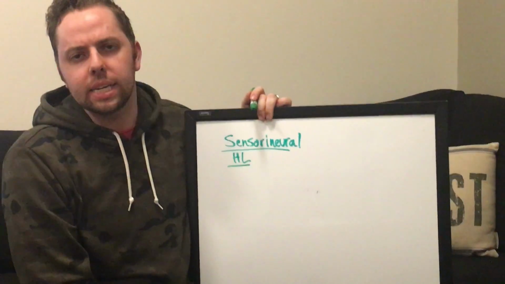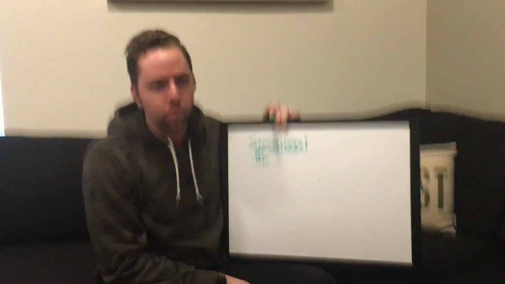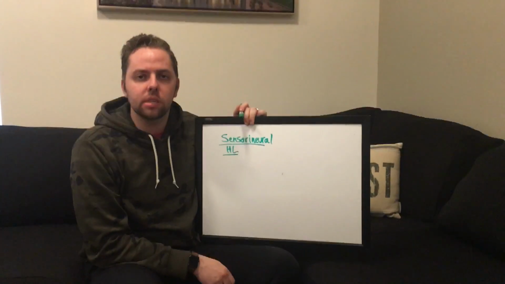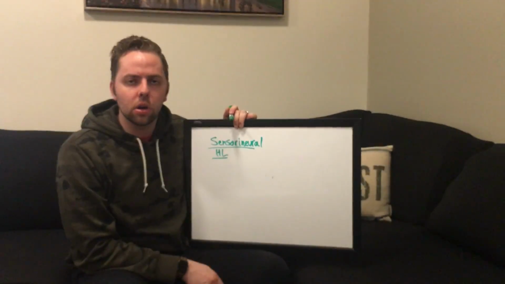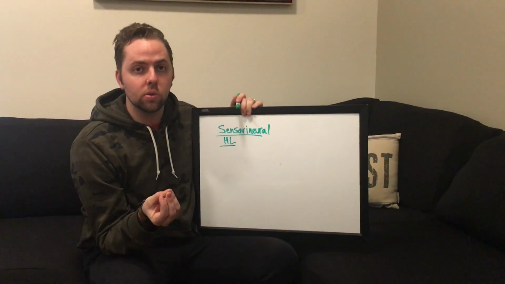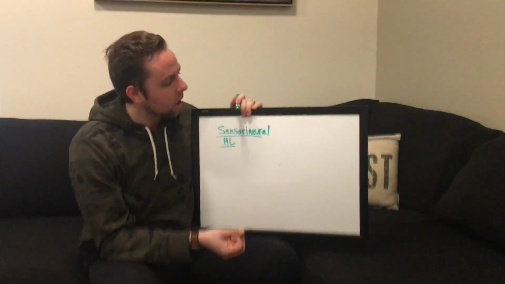Now, usually, an example of sensory neural hearing loss has to do with the vestibulocochlear nerve. That nerve is responsible for taking those signals and sending them to the brain.